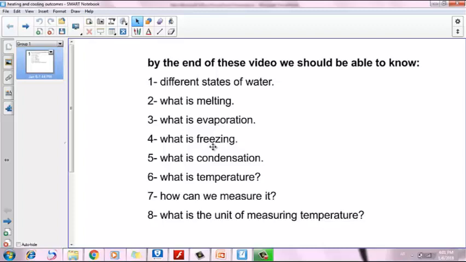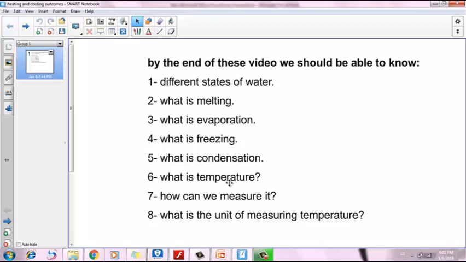Freezing is from liquid to solid, or from water to ice, by cooling. Condensation is the change from gas back to water, or from water vapor back to water, by cooling.